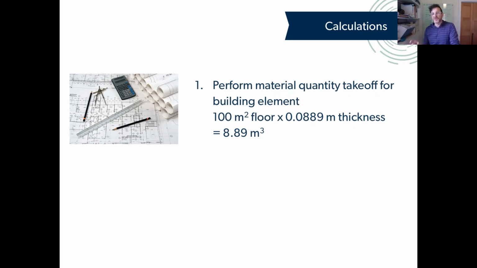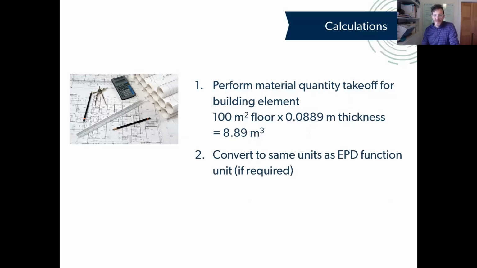So what I want to do is convert the amount in my building to the number that I find in the EPD. In this case, I don't have to do any conversions, but say the EPD had given me the CLT emissions in terms of kilograms of CLT, then I'd have to take my cubic meters and multiply it by the weight of the wood.